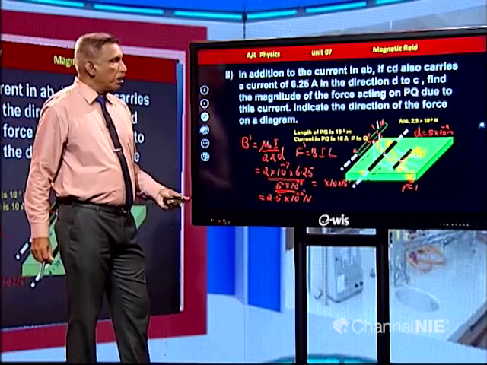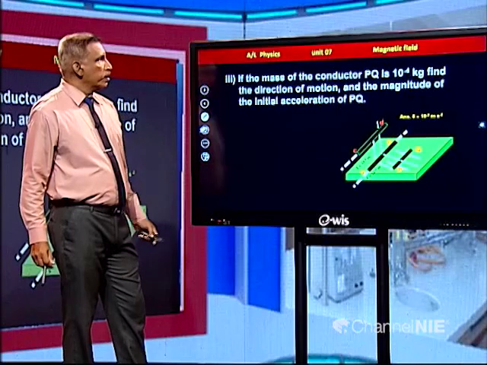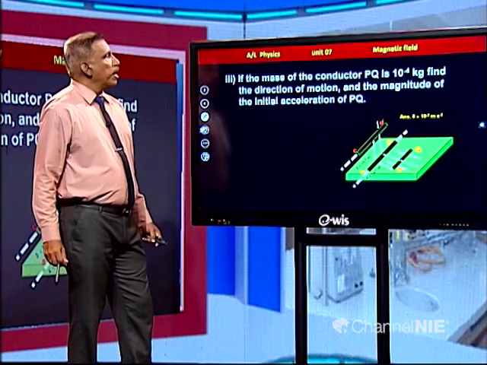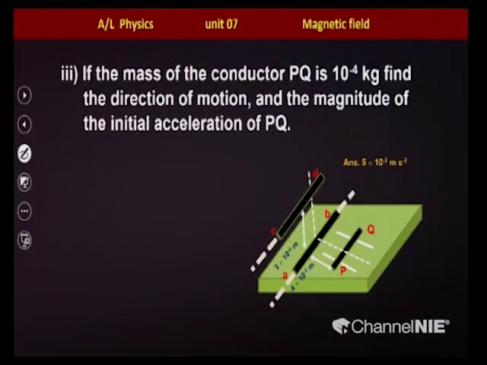Okay. So, now we go to the other part. If the mass of the conductor PQ is 10 to the power minus 4 kilogram, find the direction of motion and the magnitude of the initial acceleration of PQ. Separately, I draw the conductor PQ here.